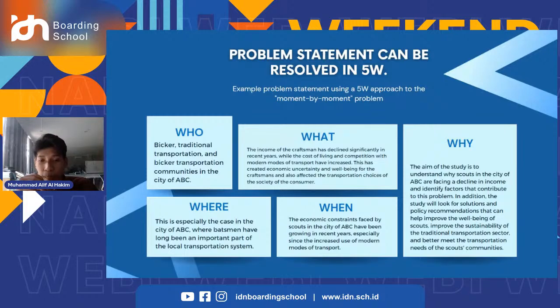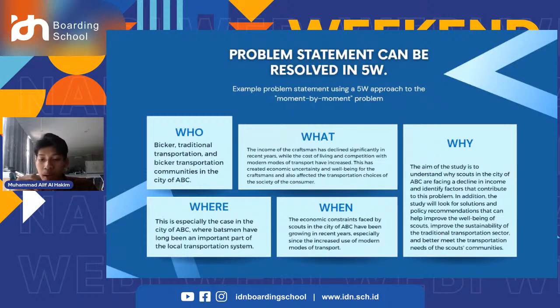And last is why. The aim of the study is to understand why becak drivers in the city of ABC are facing a decline in income and activity, and the factors that contribute to this problem.